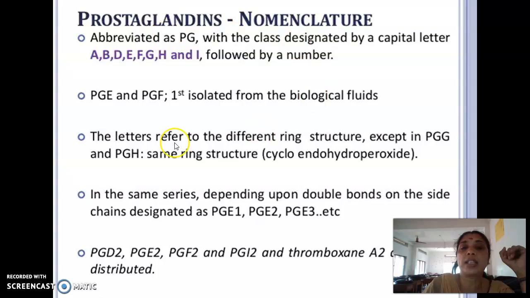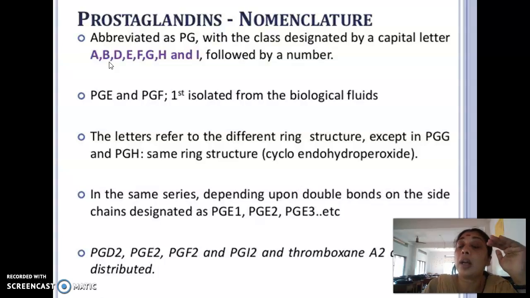Okay, so the different abbreviations, the different letters, stand for the different types of ring system. The structure of PGA is entirely different from that of PGB, though the other common features are present throughout the prostaglandins, like the presence of 20 carbon atoms, the presence of a cyclopentane ring system, the position of the double bond on the 13th carbon atom, and the 15th hydroxyl group.